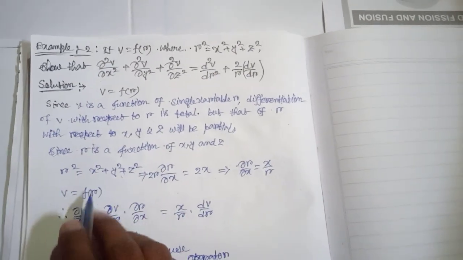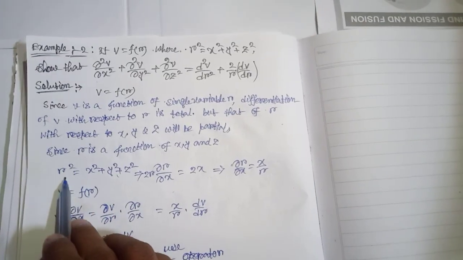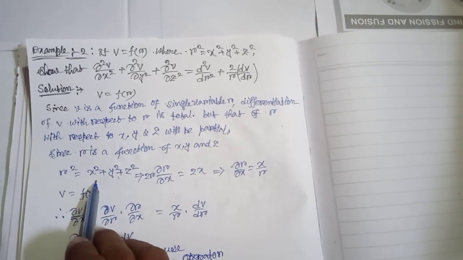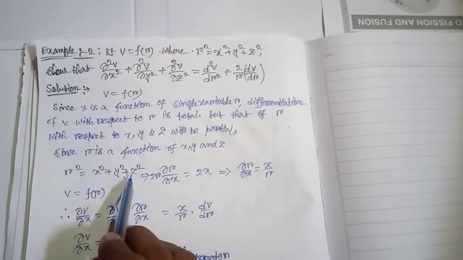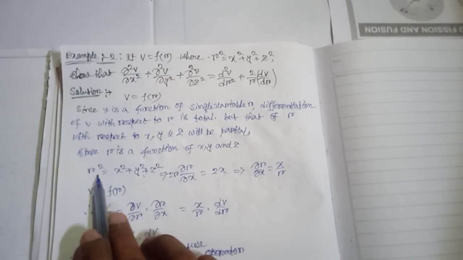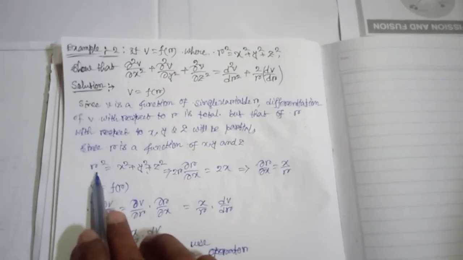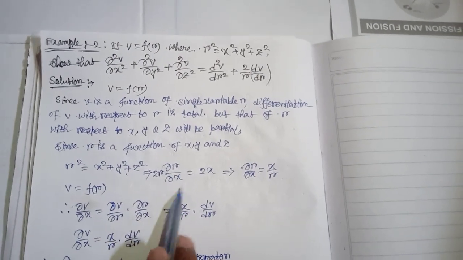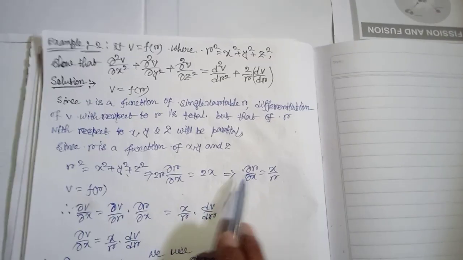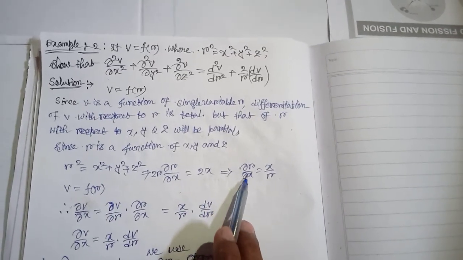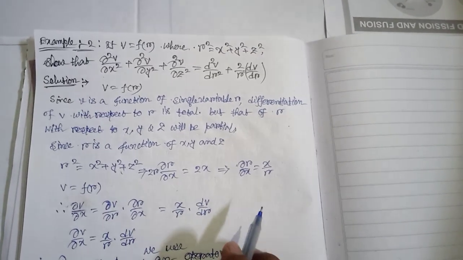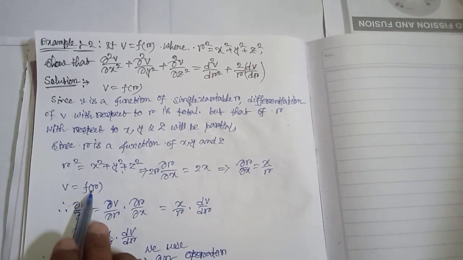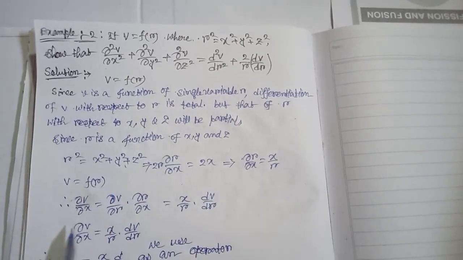Since r² equals x² plus y² plus z², differentiating partially with respect to x, we get 2r ∂r/∂x equals 2x. Hence ∂r/∂x equals x by r, and V is equal to a function of r.